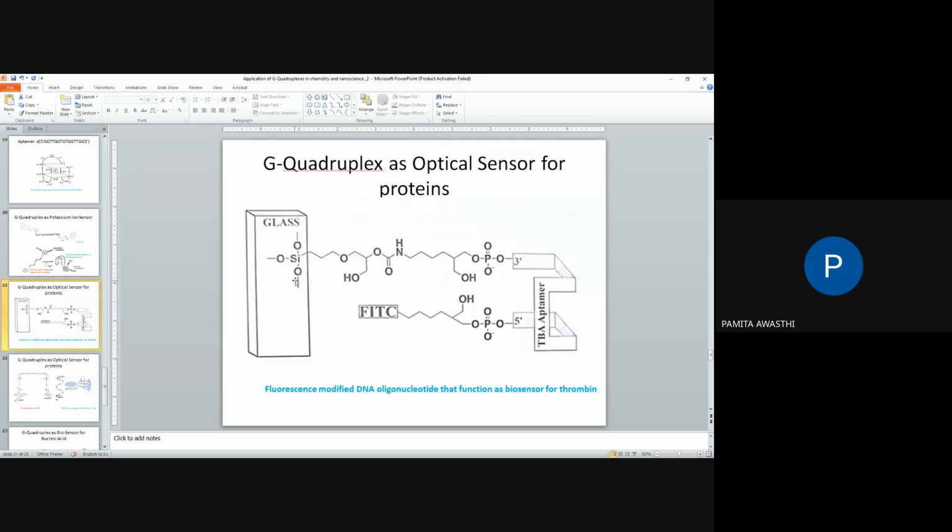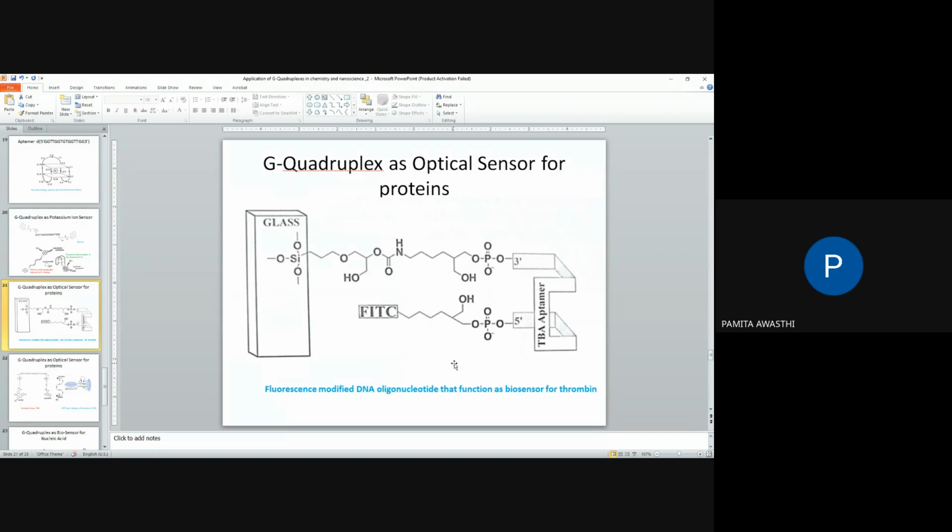So in order to sense the protein interaction by this probe, the fluorescence anisotropy technique has been used. I will not go into that also, as this technique has been discussed in the previous lecture.